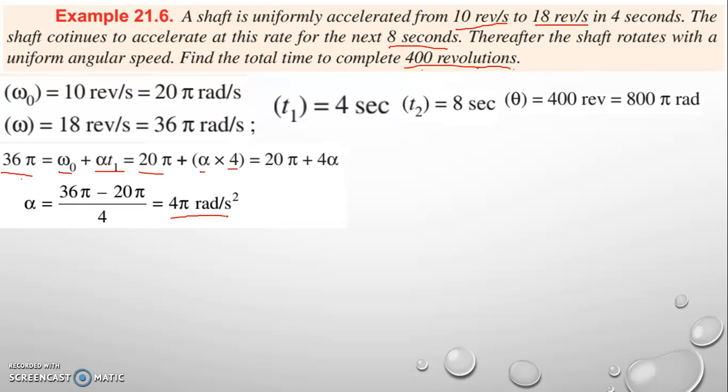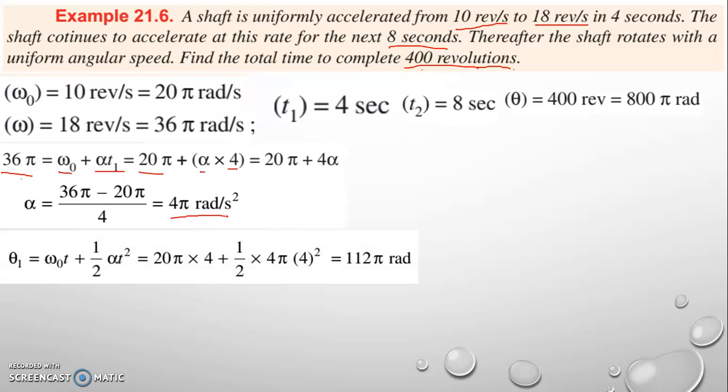Now, using the equation, we can calculate the distance traveled. We will divide the total distance traveled into theta 1, theta 2 and theta 3. For the first 4 seconds theta 1, for the next 8 seconds theta 2, and the remainder will be taken as theta 3.